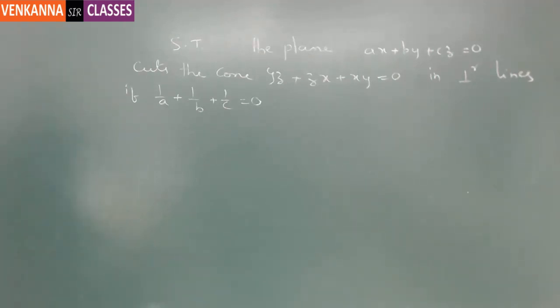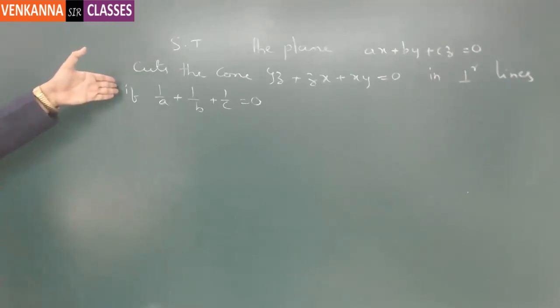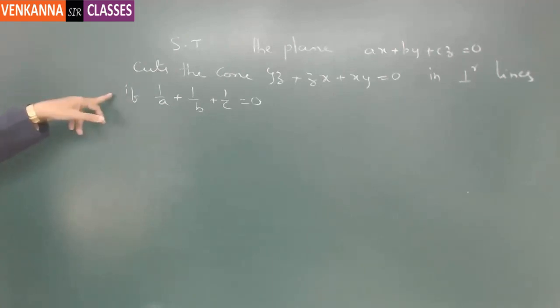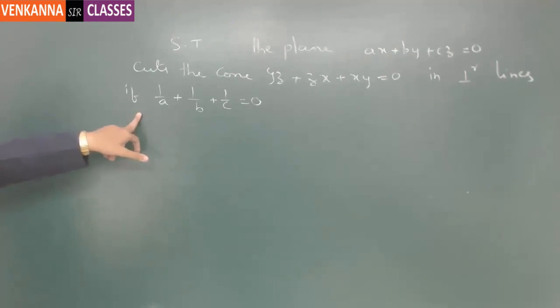Now let us consider this problem. We have to show that the plane ax + by + cz = 0 cuts the cone yz + zx + xy = 0 in perpendicular lines if this condition is satisfied.